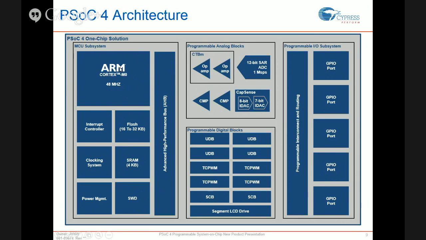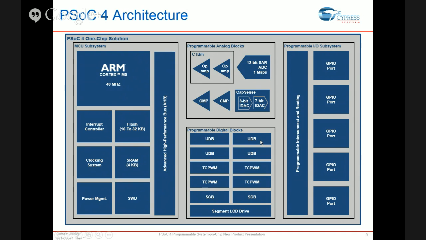But in addition, PSoC gives you these programmable blocks like a couple op-amps or amplifiers, a couple comparators, and a couple current DACs that together build our CapSense block. All of these blocks can be configured and programmed and used in conjunction with each other to build circuits that create analog front ends. And these analog front ends are important because they allow you to condition your signal before it goes into the ADC.